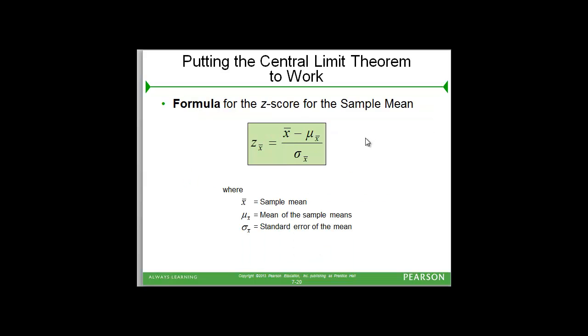Remember last time we introduced how we carry out this process, right? Next we find the z-score for the mean. So the z-score is x bar minus the population mean over the standard deviation of the sample mean, which we just calculated. Let's continue.